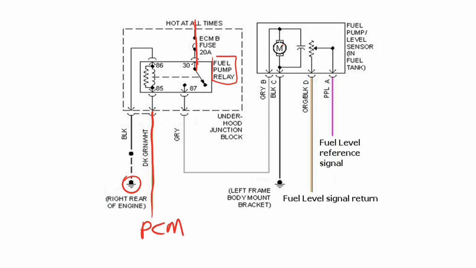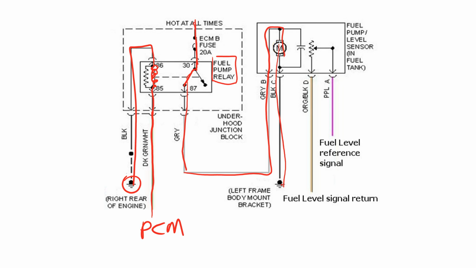It controls that, and current flows into this actuator and causes a magnetic field and makes this arm slide over. So now current can flow down through here into the motor itself and down to a ground. That activates the motor.